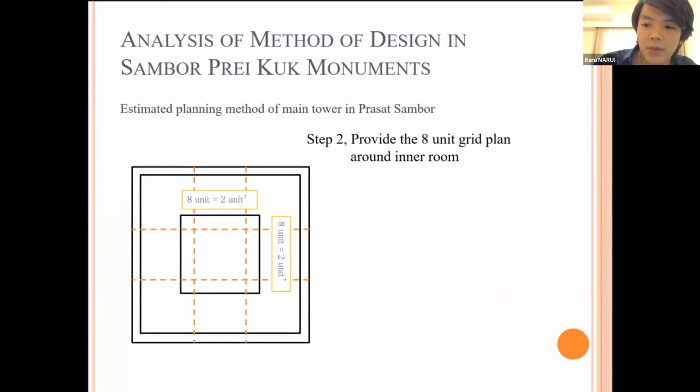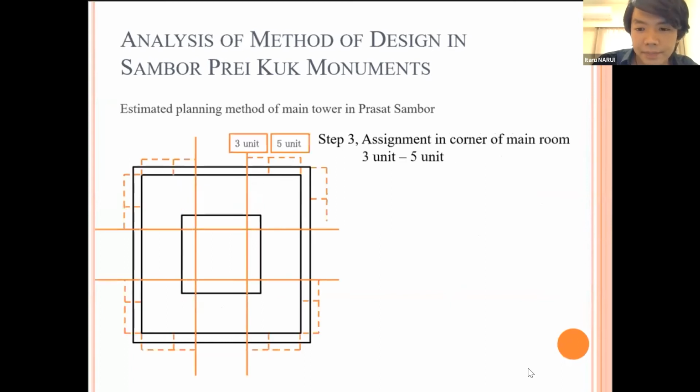And next, providing the 8-unit grid plan around the center of the inner chamber. And next, assignment in the corner of the main room, 3 units and 5 units.